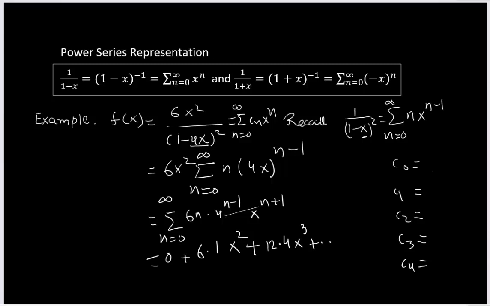And as you know from here that I will get summation Cn x to the n, n goes from 0 to infinity, is giving me C0 plus C1x, C2x squared, C3x to the 3, and so on.